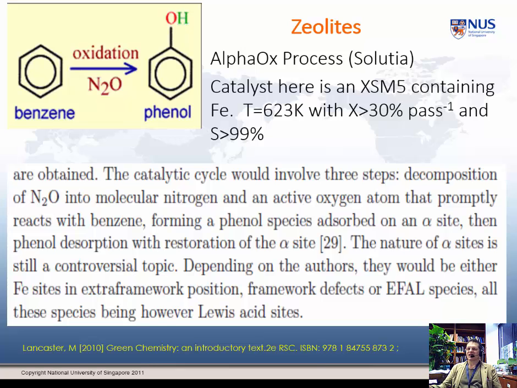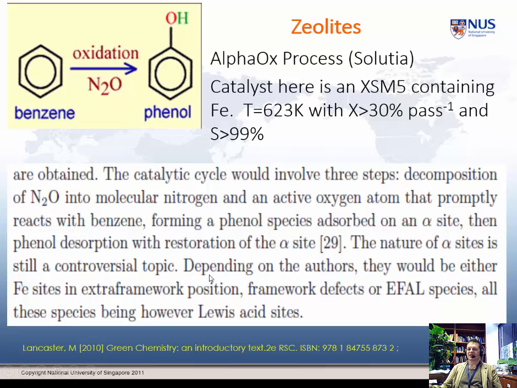This is the alpha ox process, and again it's our friend ZSM5, but this time containing iron at about 300 centigrade, 30% per pass, and selectivity 99%.